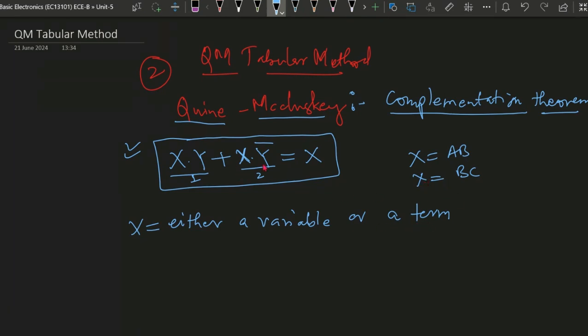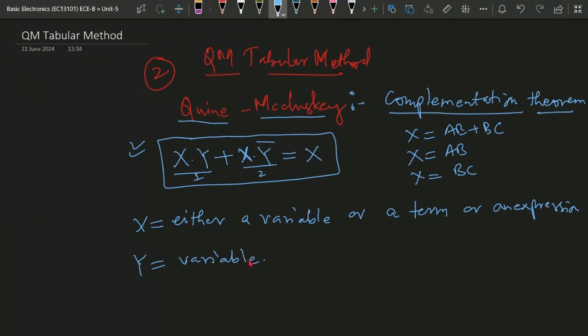X can also be an expression, so in place of x, we can have an expression, meaning instead of AB only, it will be AB plus BC. So x can be a simple variable, or a term, or an expression. But here y will always be a variable. The same thing we will verify using an example, so it will be clear how the complementation theorem is used.